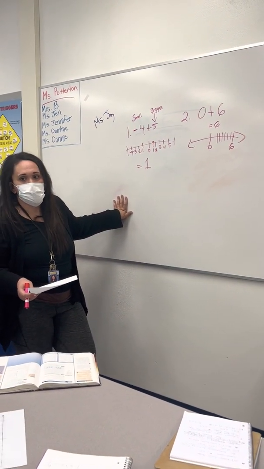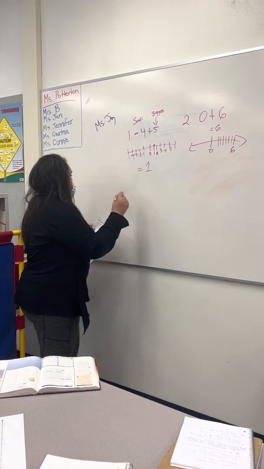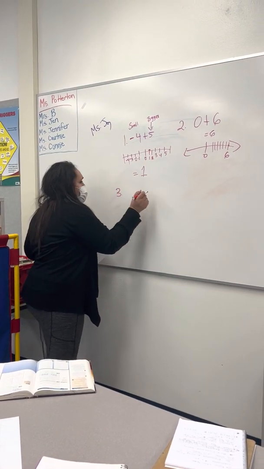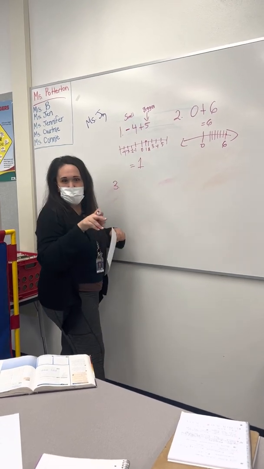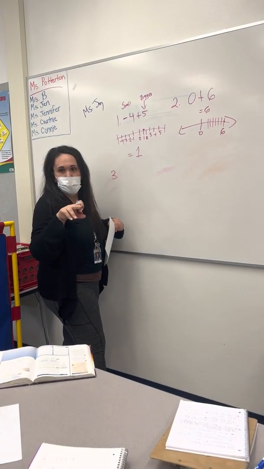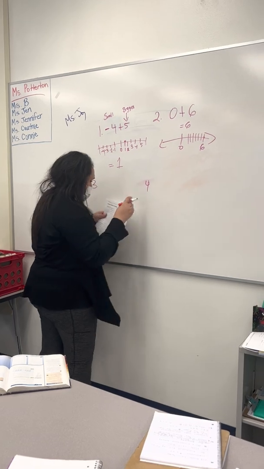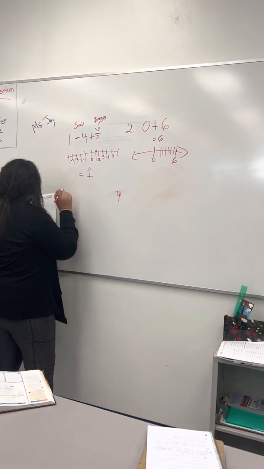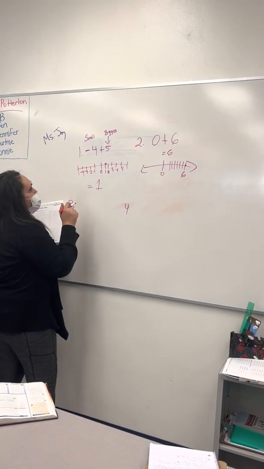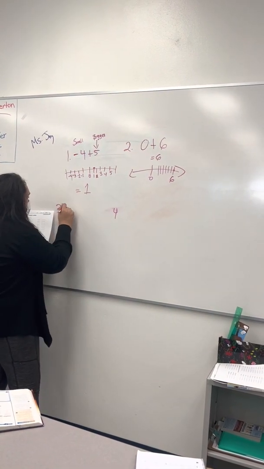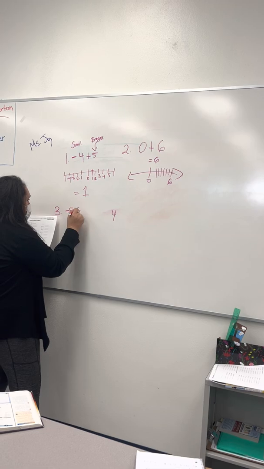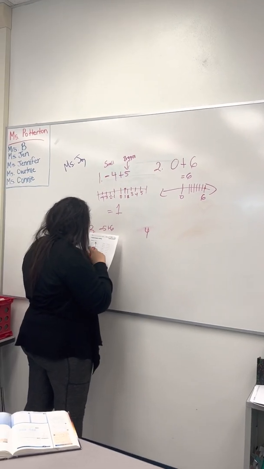Okay, so number 3 and 4. Okay, checks all done. Actually, maybe I can do 3 people. Jen. Oh, look, right there, number 2.